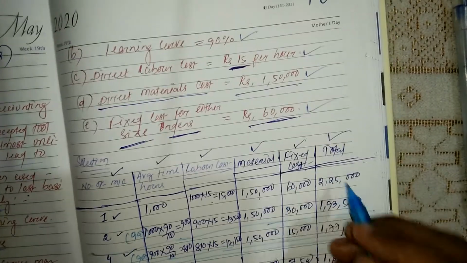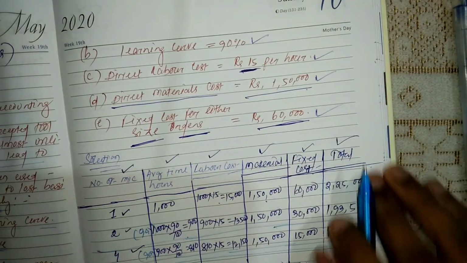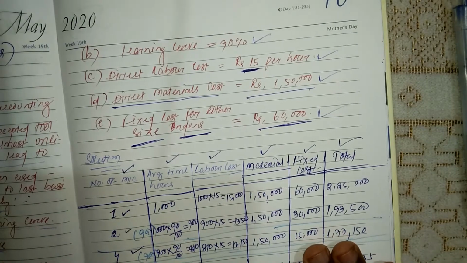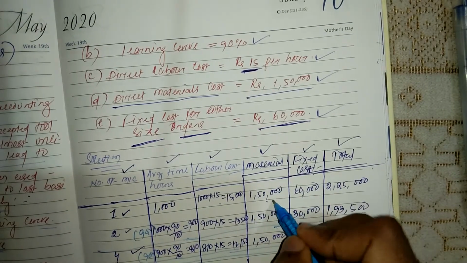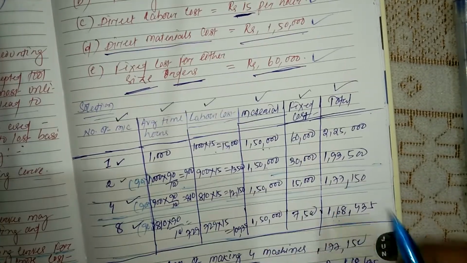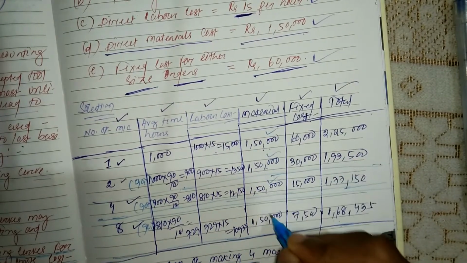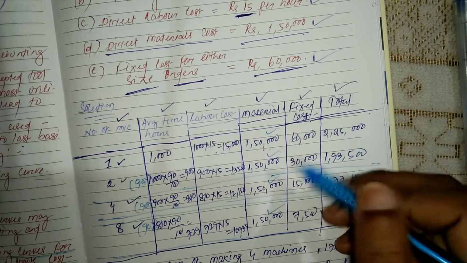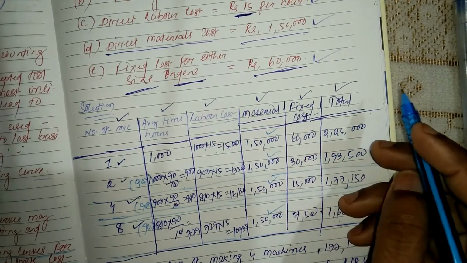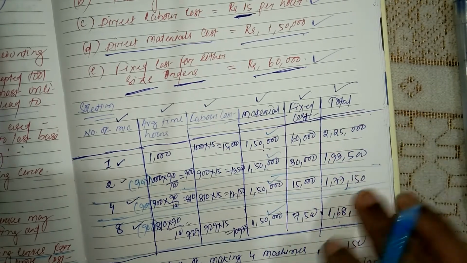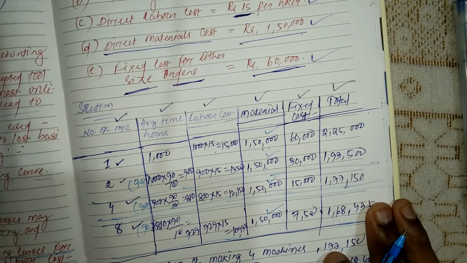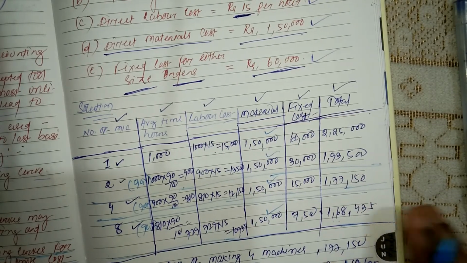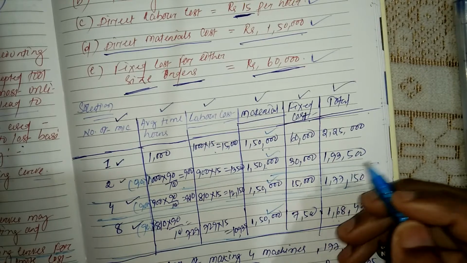Material cost is fixed irrespective of the machines produced, so material cost is 1 lakh 50 each time, no change, and fixed cost will be reduced according to machines, with the same proportion of half amount.